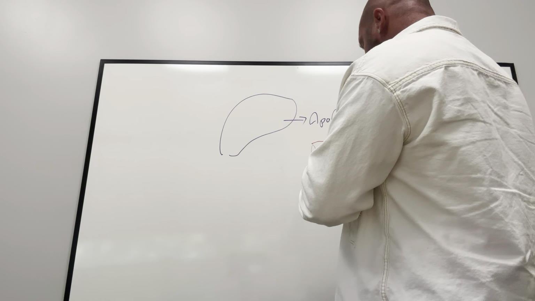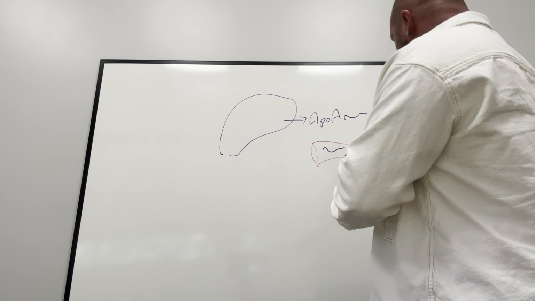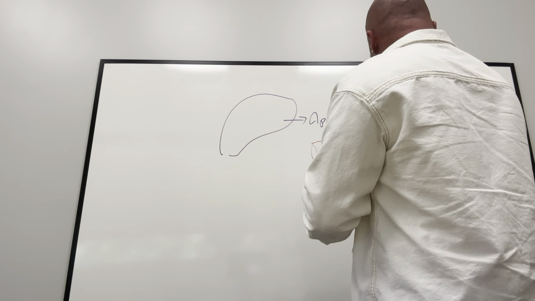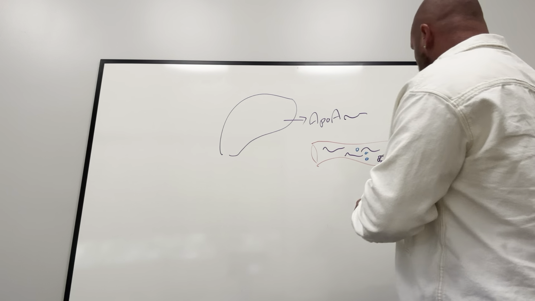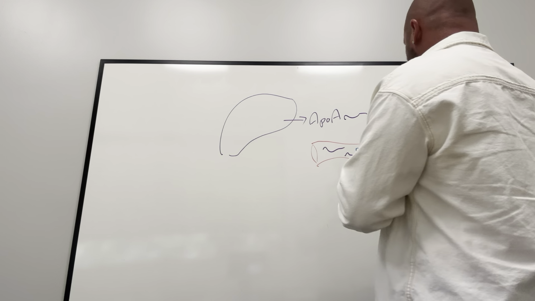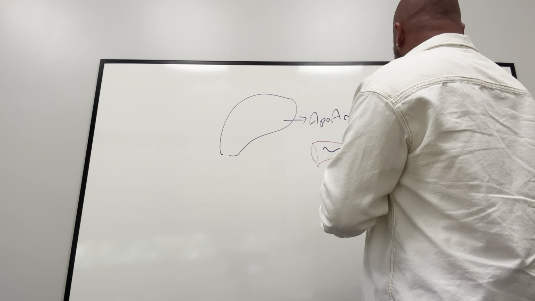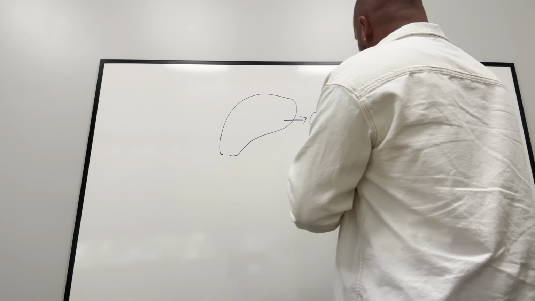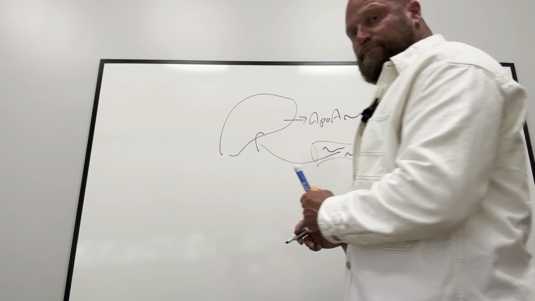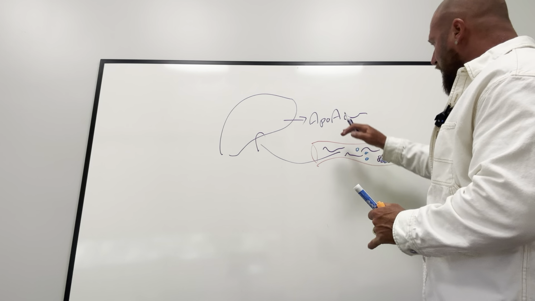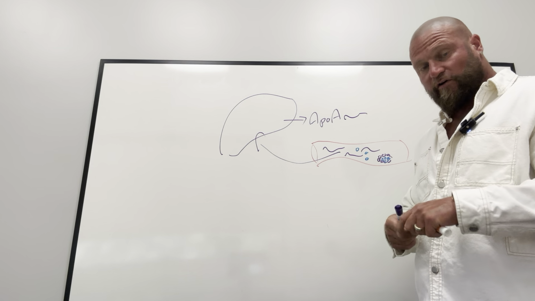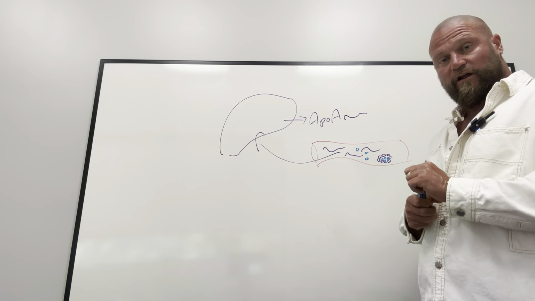So we're collecting cholesterol, and then we're making basically a vesicle filled with cholesterol, and we send it back to the liver. That's why ApoA is so important to protect us from excess cholesterol accumulation.